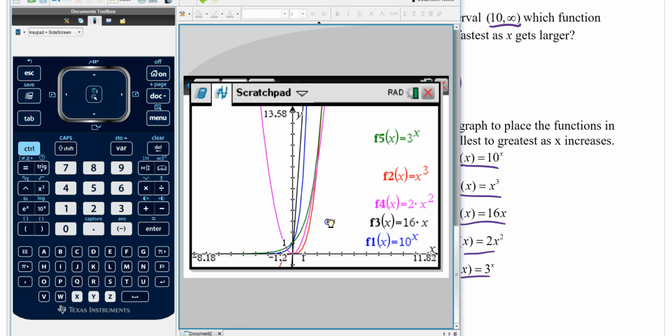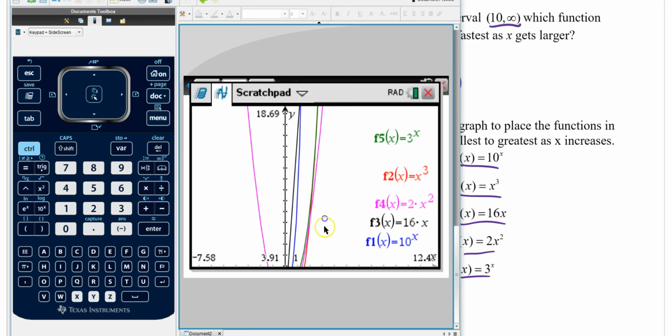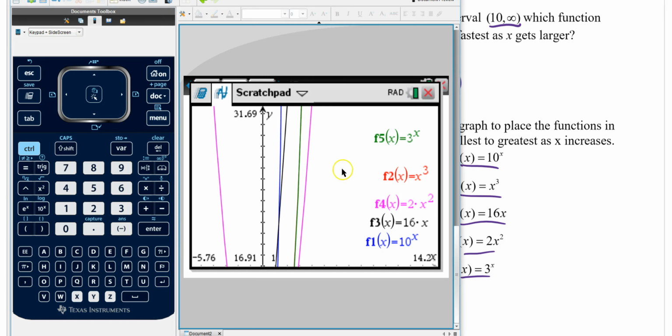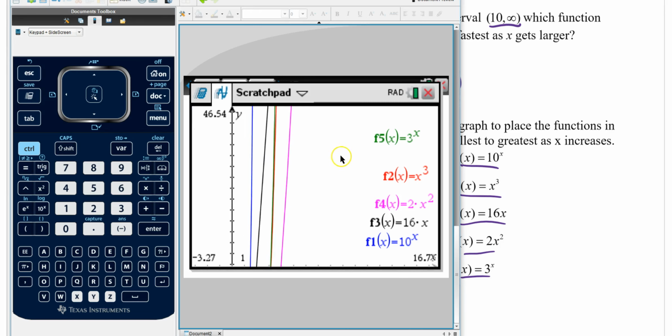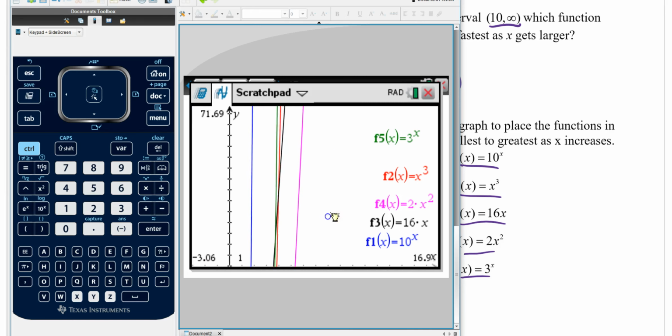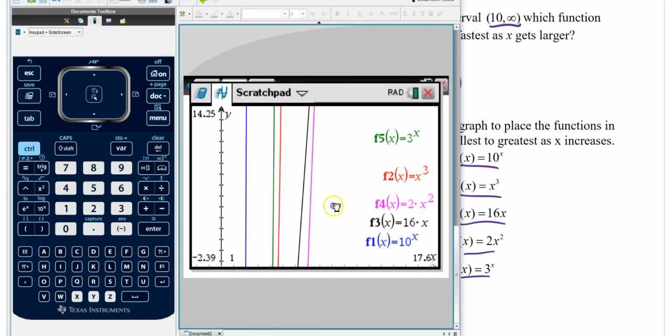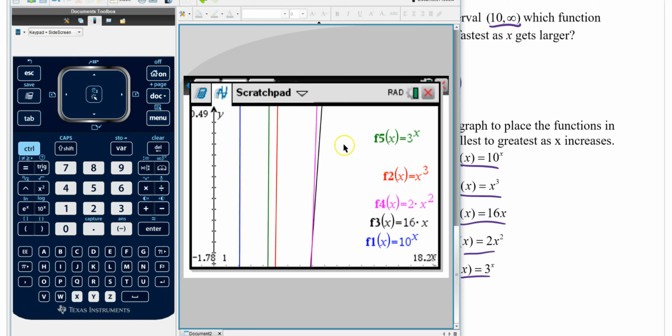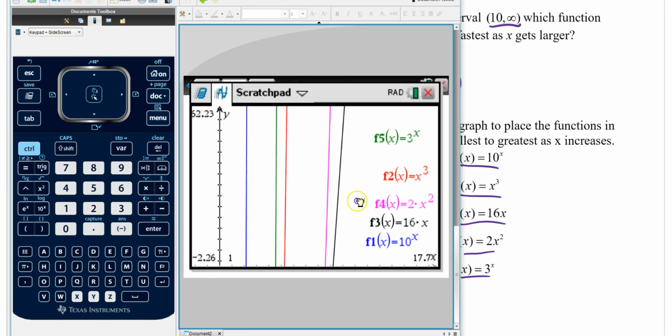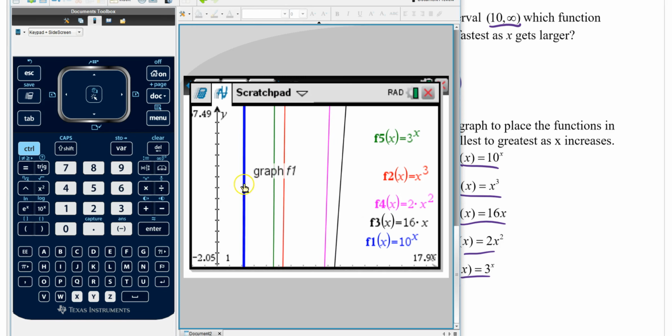So the smallest graph, if we keep panning up and up, we get here, and so now this is my fastest, second fastest, third fastest, fourth fastest, fifth fastest. Took me a long time to get there, but now I can look at the colors.